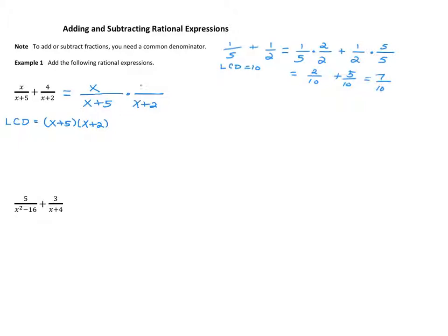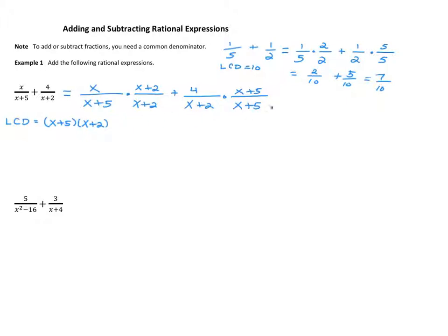I just want to make sure that I also multiply it to the numerator. For the second fraction, I'm missing the x plus 5, so I'm going to multiply it in. But I want to do it to the numerator as well. So even though it looks a little bit more abstract, it's analogous to what I did up here. I figured out my common denominator and multiplied in the factors that I needed to make this work.